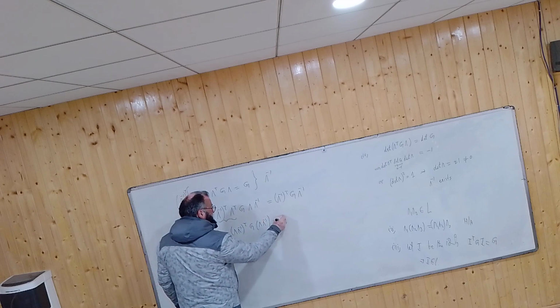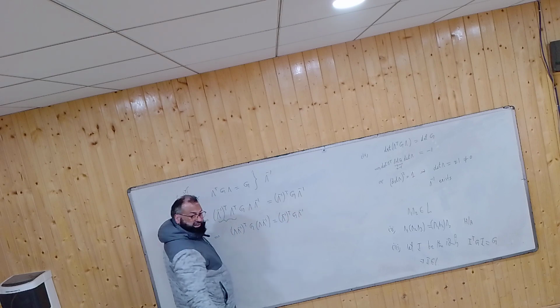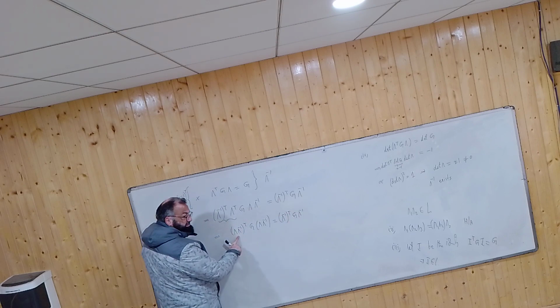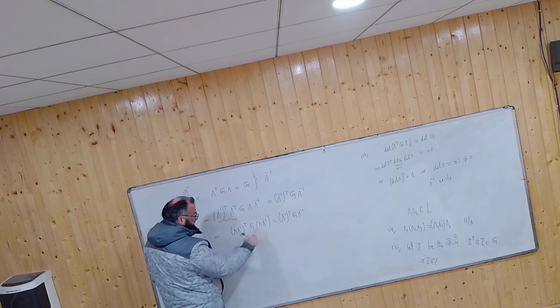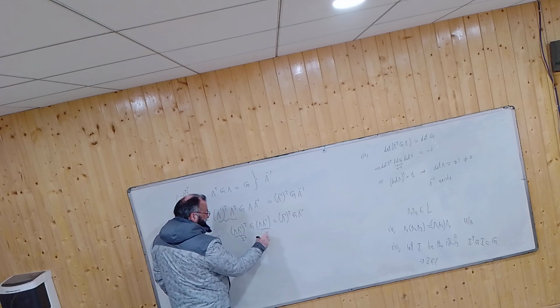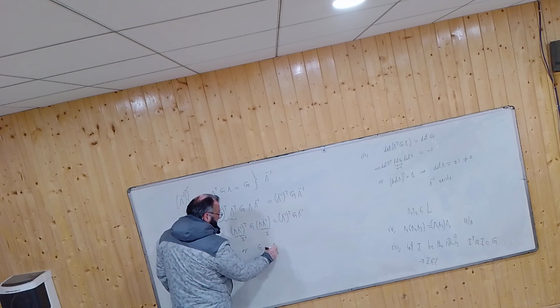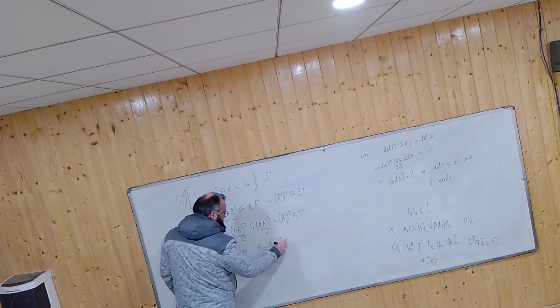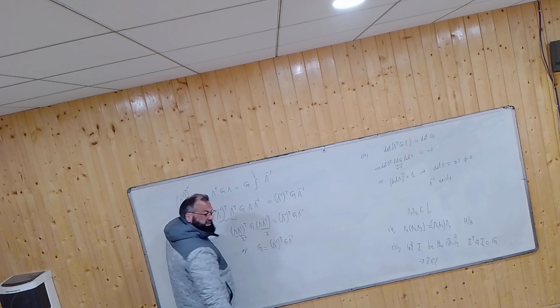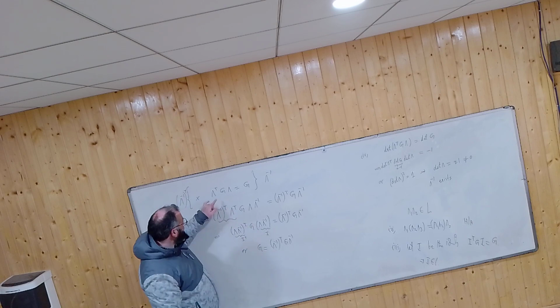So that is lambda inverse transpose G lambda inverse. Lambda inverse lambda is the identity, this is the identity transpose, this is the identity. So I have G equal to lambda inverse transpose G lambda inverse. So lambda inverse satisfies the same condition as lambda.